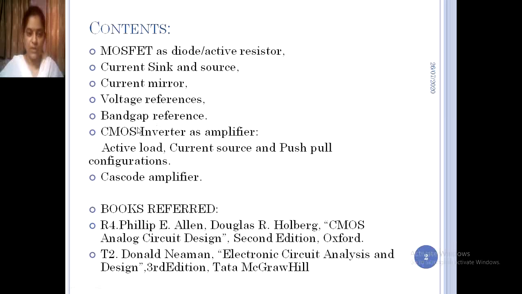Let us start with the CMOS inverter as amplifier, because these points we have already covered in the last sessions.